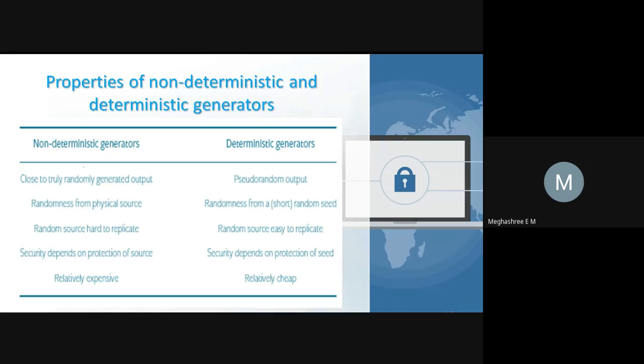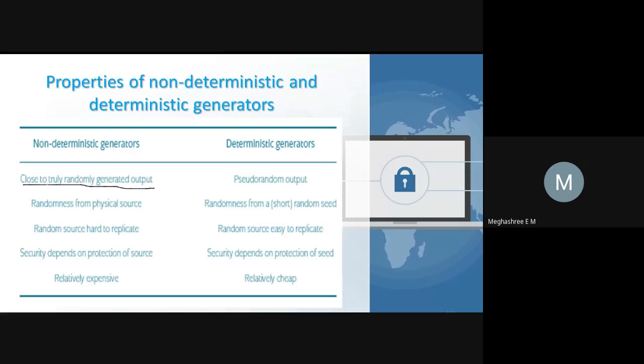Next we'll see the properties with respect to non-deterministic as well as deterministic generators. I've just listed out the points, whatever I have explained till now. The first one is close to truly random generated output.